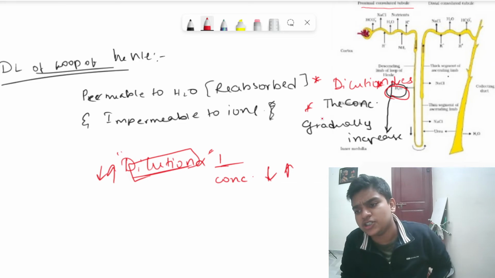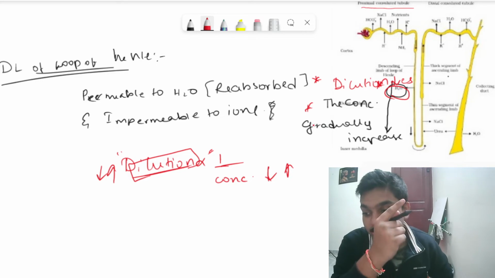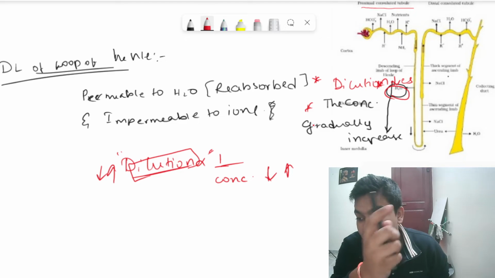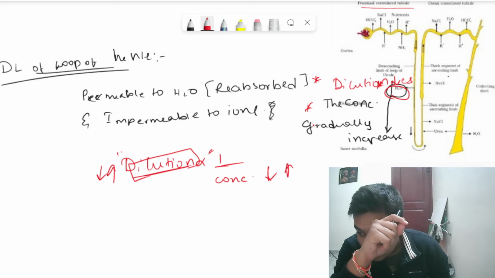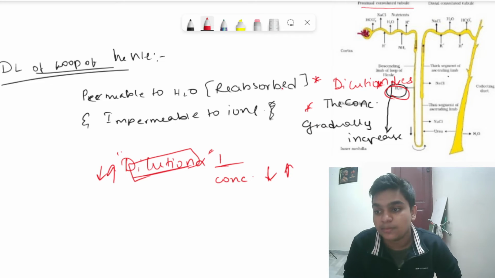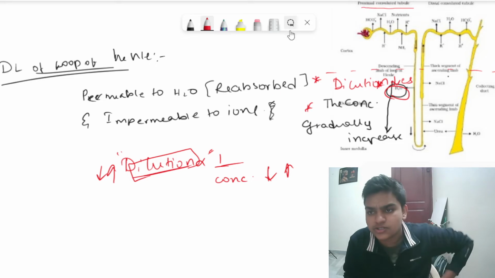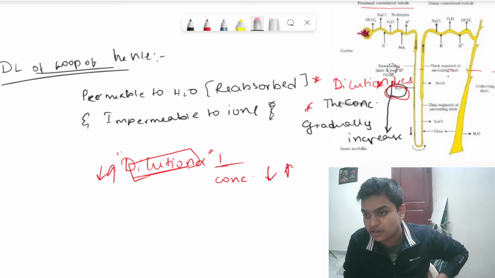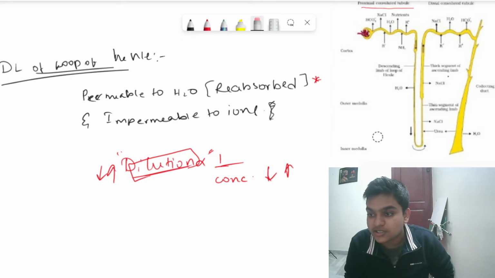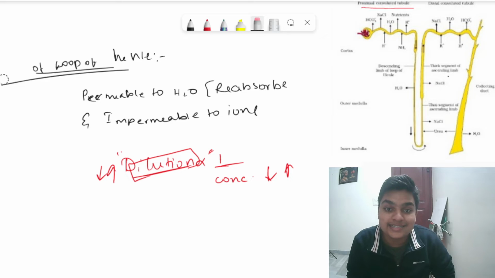The concentration of the urine gradually increases when you are going down the descending limb of loop of Henle, compared to the medullary fluid. This is your medullary fluid. The two types of nephrons I will take after this reabsorption. That is about the descending limb.